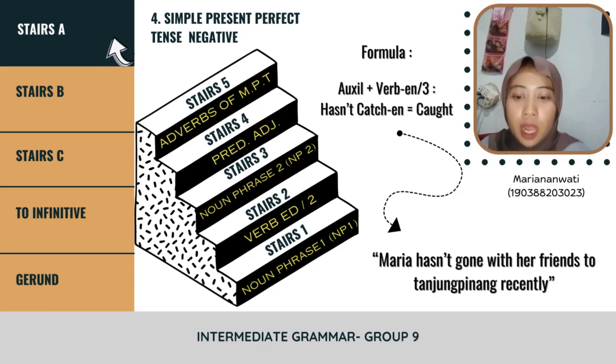With her friends is noun plus 2. To Tanjung Pinang is adverb of place, and baru-baru and recently is a adverb of manner.